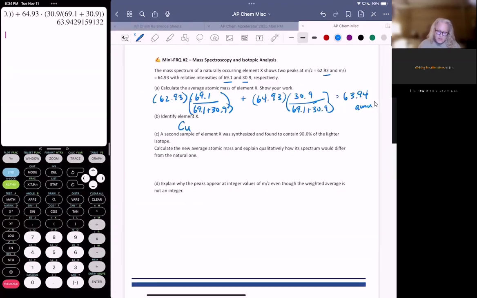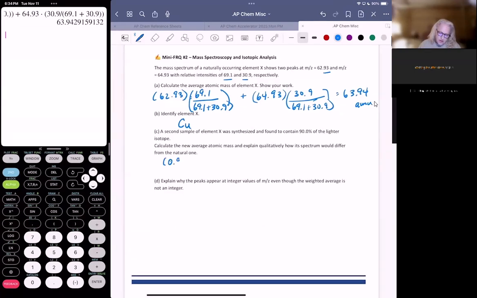A second sample of element X was synthesized and found to contain 90% of the lighter isotope. Calculate the new average atomic mass and explain qualitatively how its spectrum would differ from the natural one. So if 90% of it is the lighter one, which is 62.93, that means that only 10% would be the other one, which is 64.93.